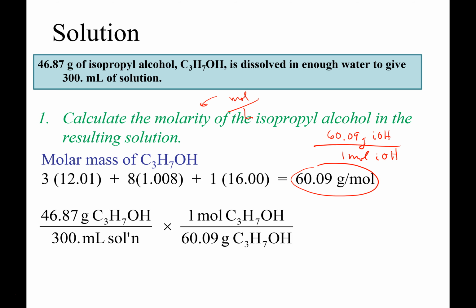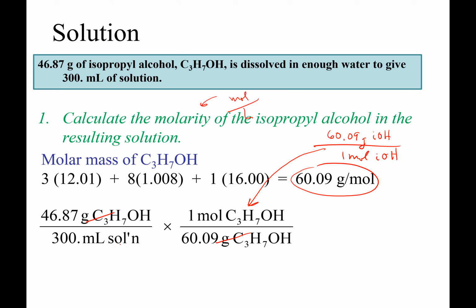If I fix the numerator first, this was the molar mass we came up with for isopropyl alcohol. Notice that if I want grams of isopropyl alcohol to cancel and be left with moles of isopropyl alcohol, I need to use the flipped version of the molar mass. Now if I stop now, I've got moles of isopropyl alcohol per milliliter of solution.